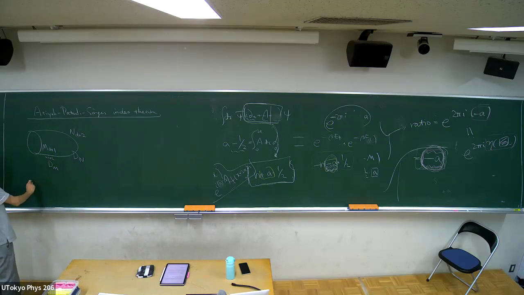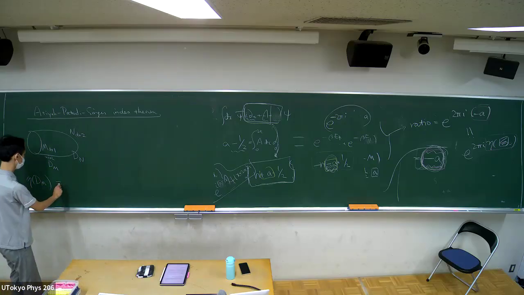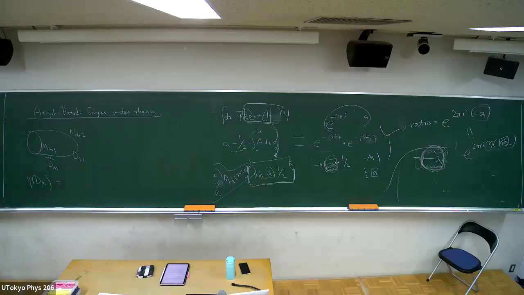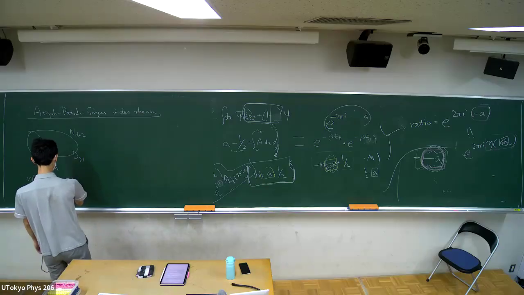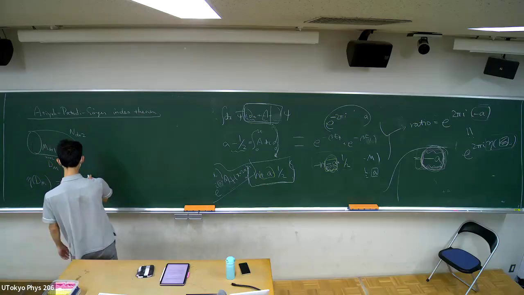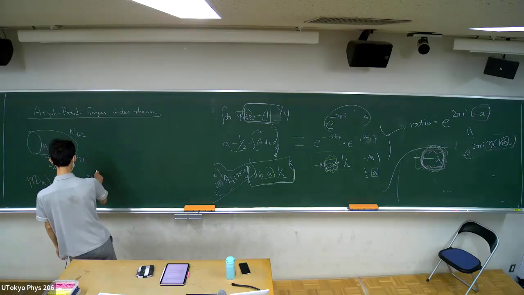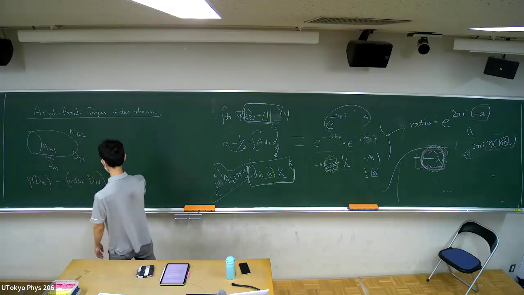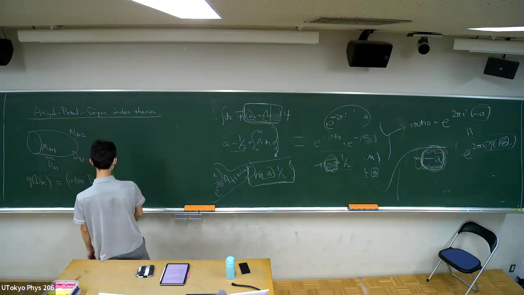In that case, you can consider the eta invariant of the boundary Dirac operator. And there's a theorem found by these gentlemen saying that this is the sum of two terms: the index of the Dirac operator on the bulk, plus the integral of some certain differential form.